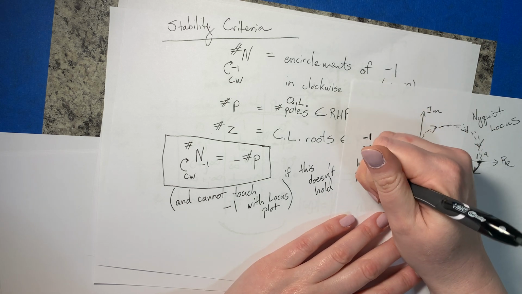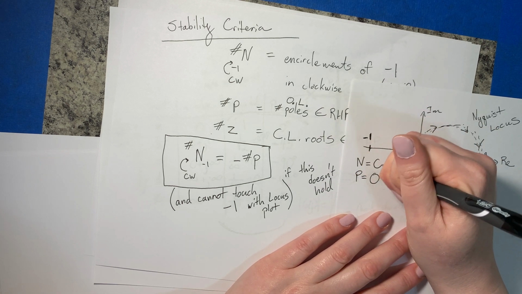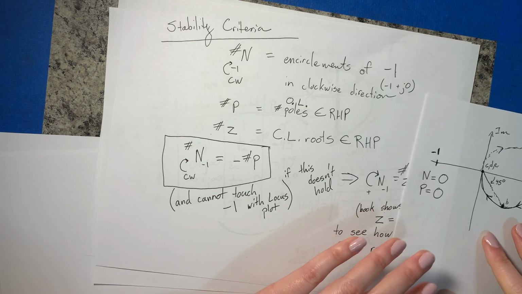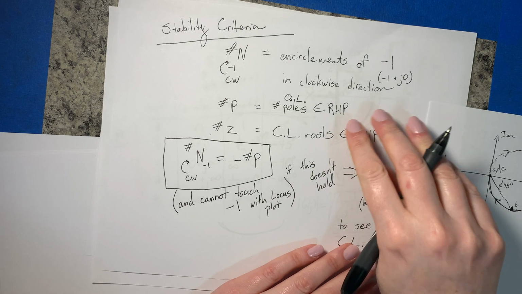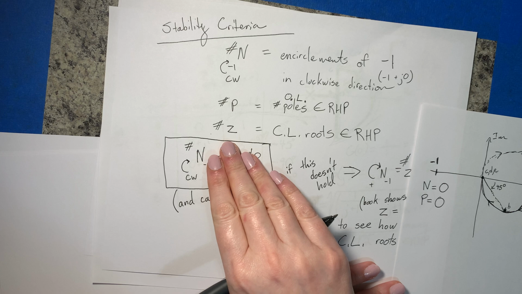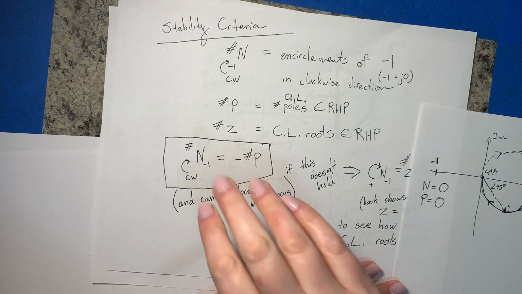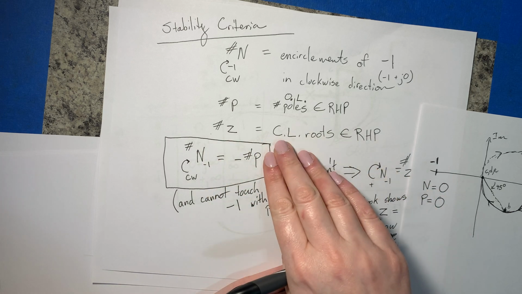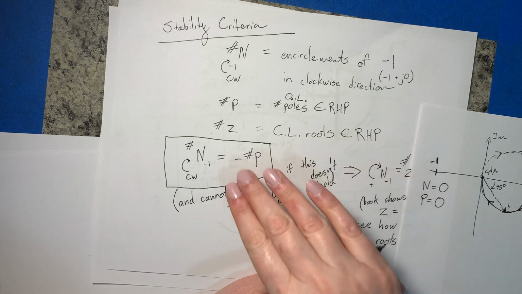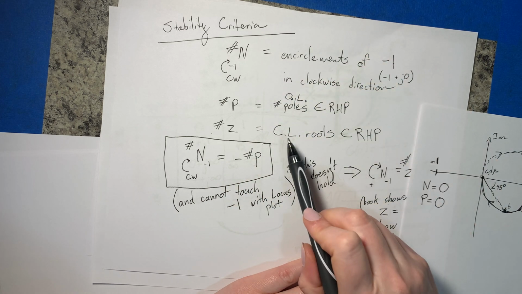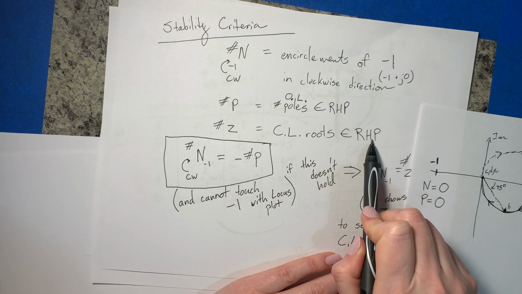So we'll go ahead and fill that out as well. That is also 0. Okay, so finally, there's this other value, which is number z. And number z is the number of closed loop roots. So that's different from p. It's the number of closed loop roots that exist in the right-hand plane.